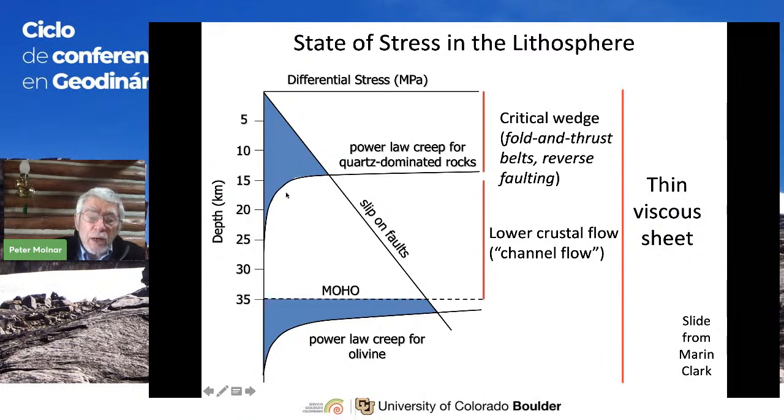Then one has a weak lower crust, we think, because quartz is a much weaker mineral than olivine. And so one can have channel flow in the lower crust, within this region. The thin viscous sheet, we just average everything and look over the entire crust and mantle lithosphere, the entire region in here.